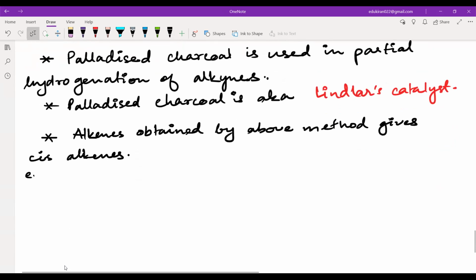Now write some examples. CH3, then you will have C triple bond C, CH3.